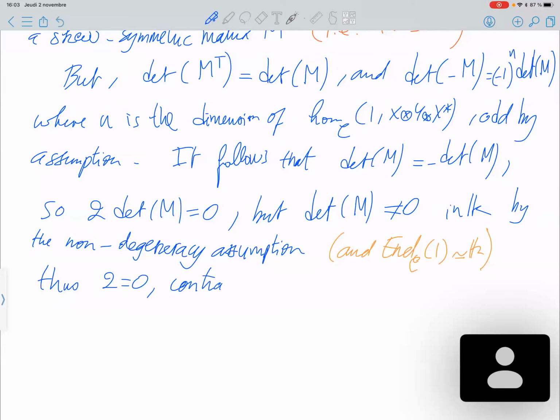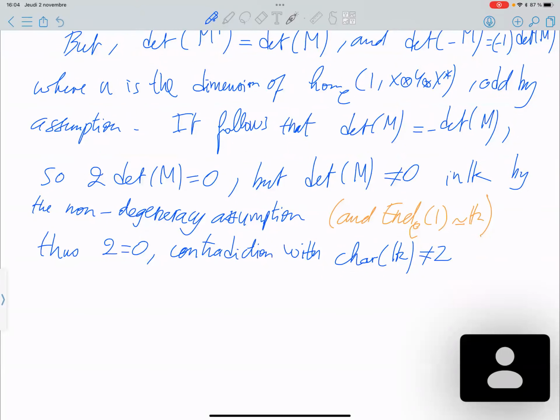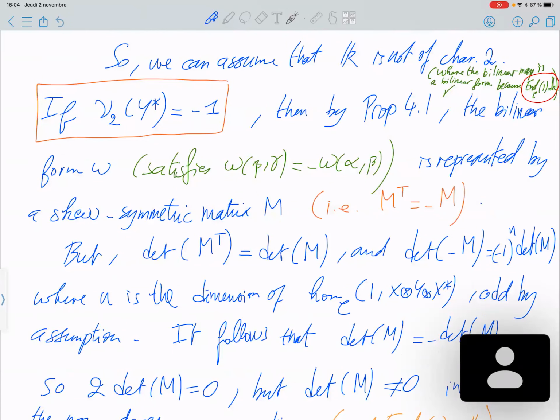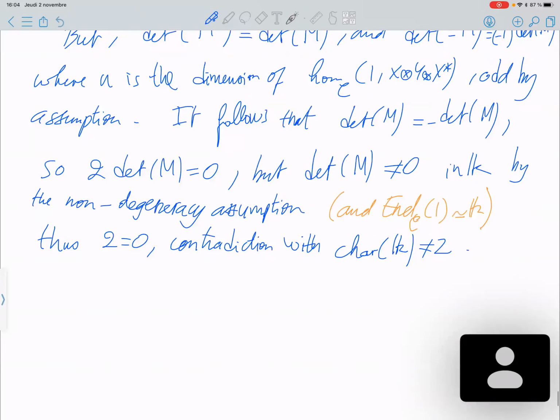Contradiction with the characteristic of the field being different from 0, different from 2. So this is okay, we get a contradiction. So the assumption was false, and the result followed.